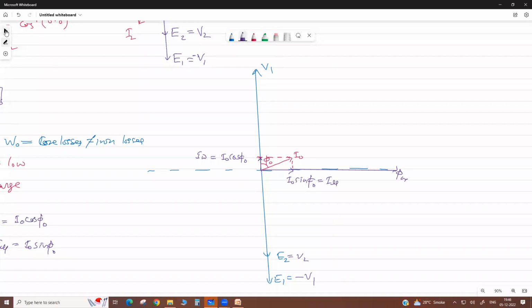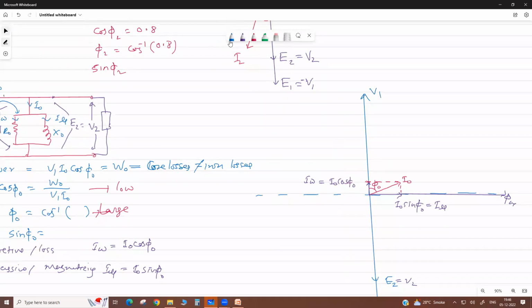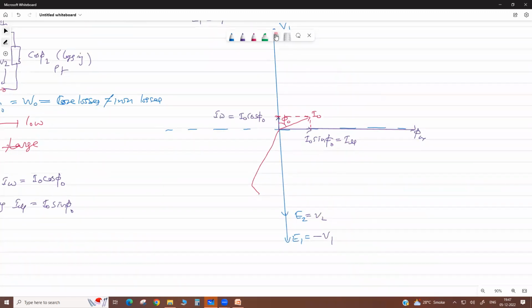Now, due to this secondary voltage, there is a secondary load current. Suppose this is a load with cos phi 2, load power factor lagging. Then there is a load current I2. Actually, as referred to the primary side it is I2 dash, but we are considering it here on the secondary side.